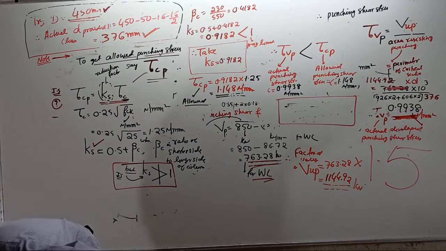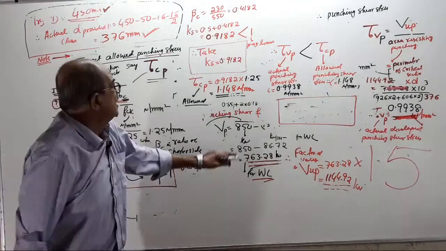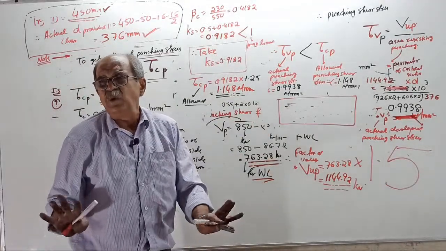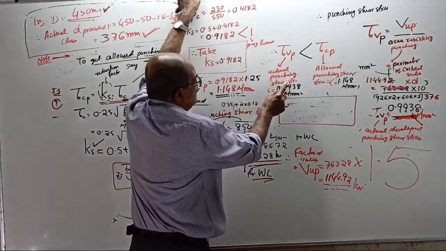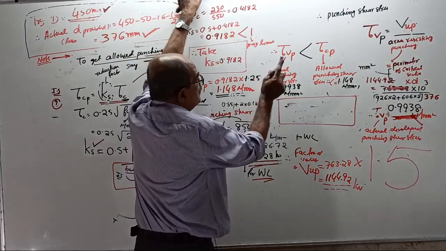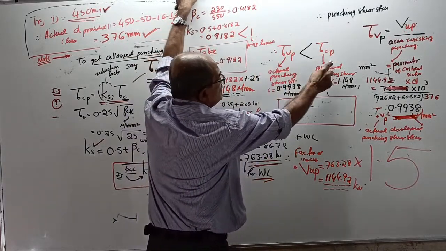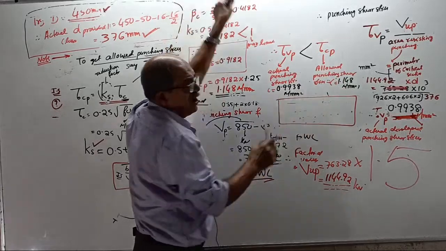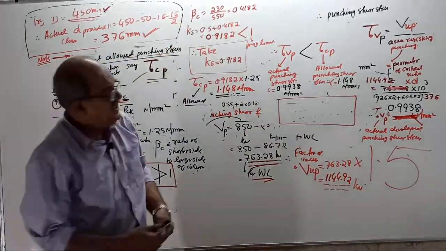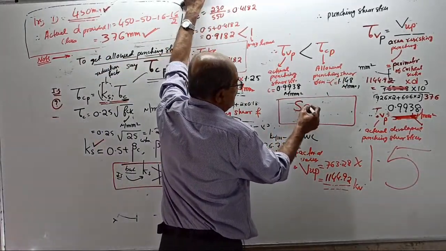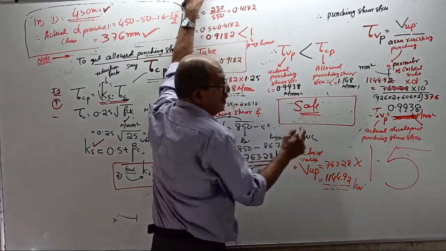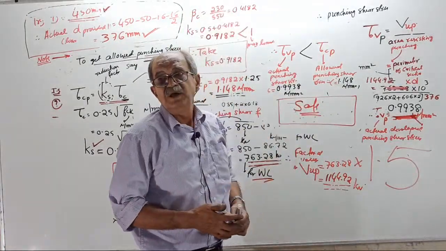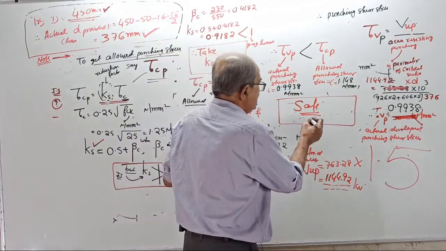I wrote everything there. I wrote actual stress. You just give the verdict now. Actual stress is only one word, 0.9938. Allowed is 1.148. Safe or not? It is safe. Safe. Over. Now, make a note. Remember, safe.